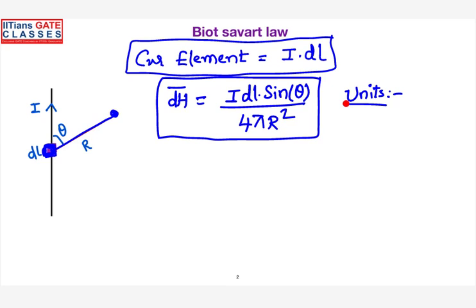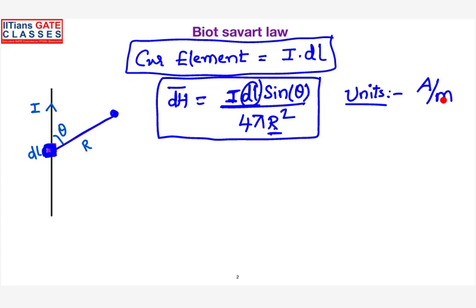Exactly. Here you can see current is in amperes, this differential length is in meters, and r square is in meter square. So ampere meter divided by meter square, and you are going to get the units of ampere per meter. Sin theta is a constant.